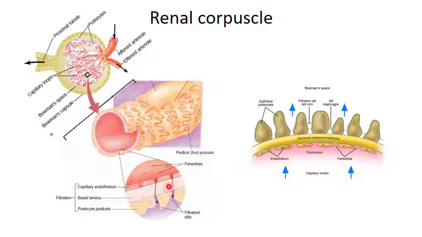Then outside the capillary endothelial lining there is the second layer, which is made up of loose connective tissue, and it is called the basal lamina or basement membrane. And then outside the basement membrane are foot processes of the podocytes.